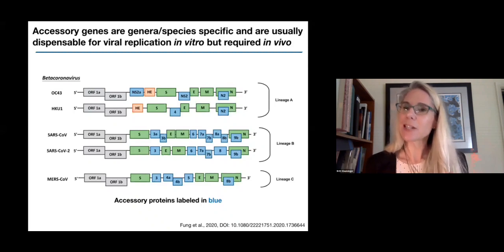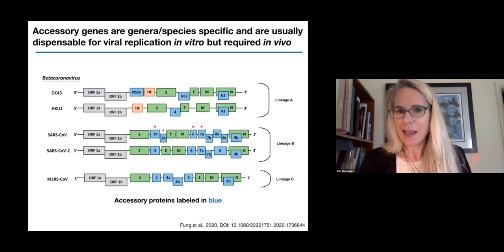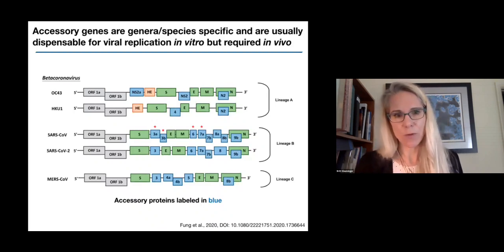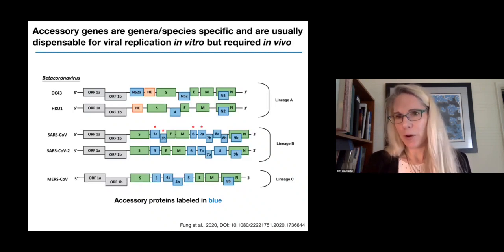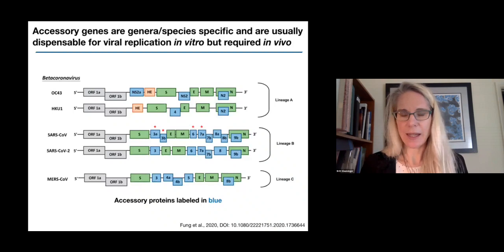Because these accessory factors are normally involved in modulating the host response, it's probably not surprising that many of these have been shown to manipulate the innate immune response. The ones that I've put red stars on here are known to interface with the interferon and innate immune response pathways, and also control cell death responses and things like that.